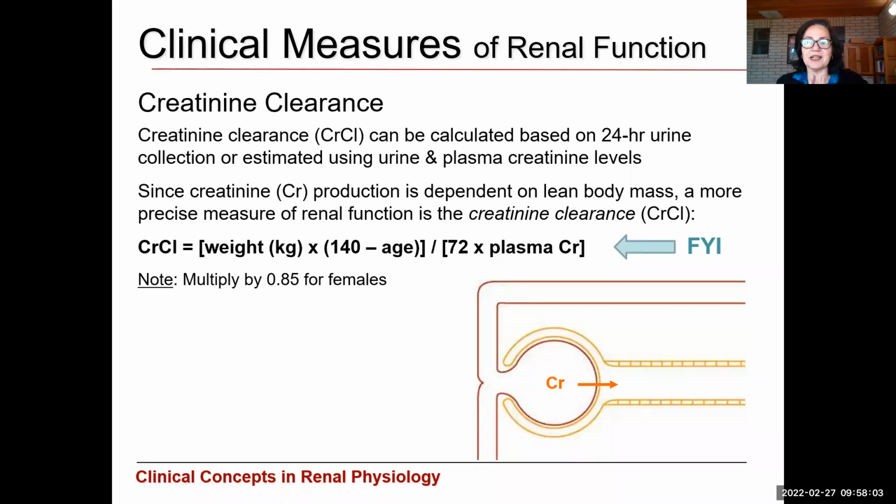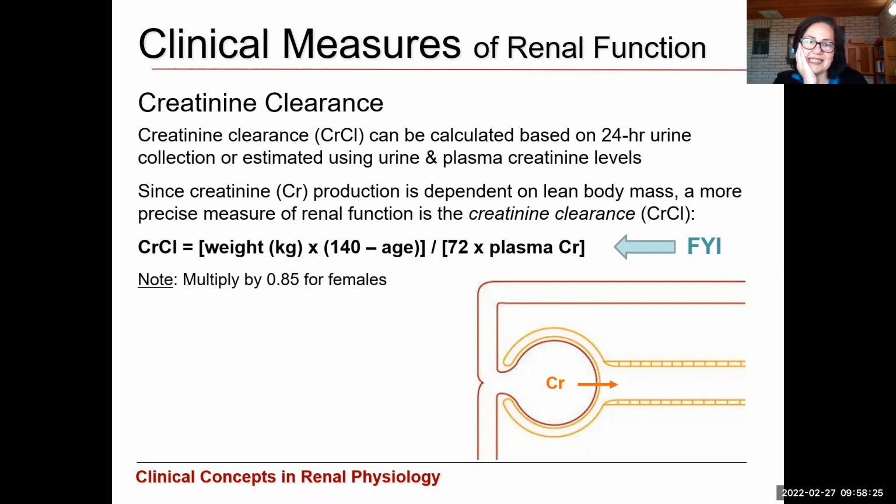All right, now the amount of creatinine that's in the blood, I've mentioned it's related to muscles, right? So it's going to be related to the muscle mass. Well, it's a tricky thing to try to figure out somebody's muscle mass.